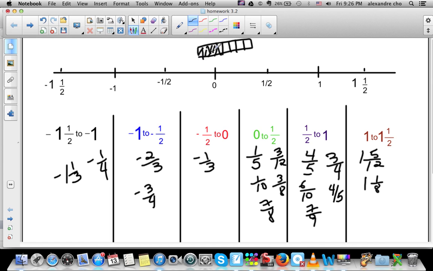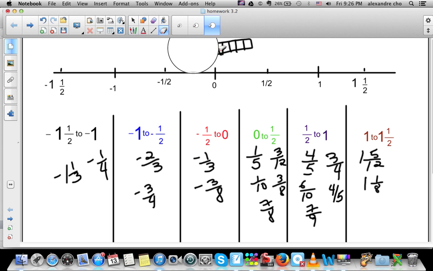That's less than a half. So it's still more than 0, but less than a half. So just treat it as negative. Instead of this side, it's going to be on the left side of the 0. So 0. Okay, and you're not going to go all the way to the half, but a little less, so somewhere around here. And that's where we're going to write that fraction.